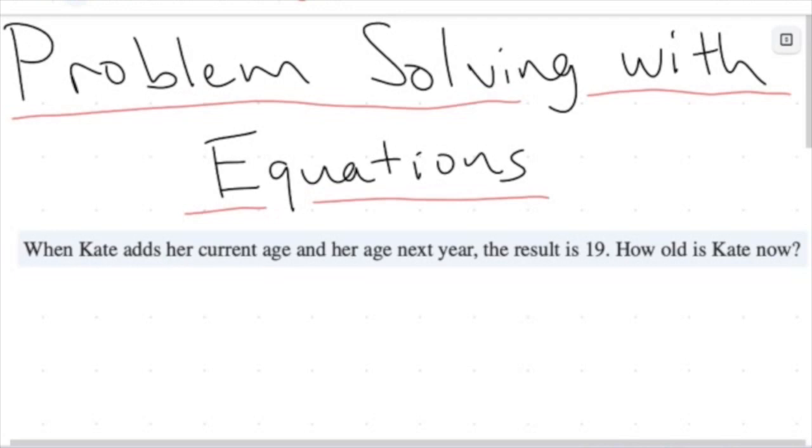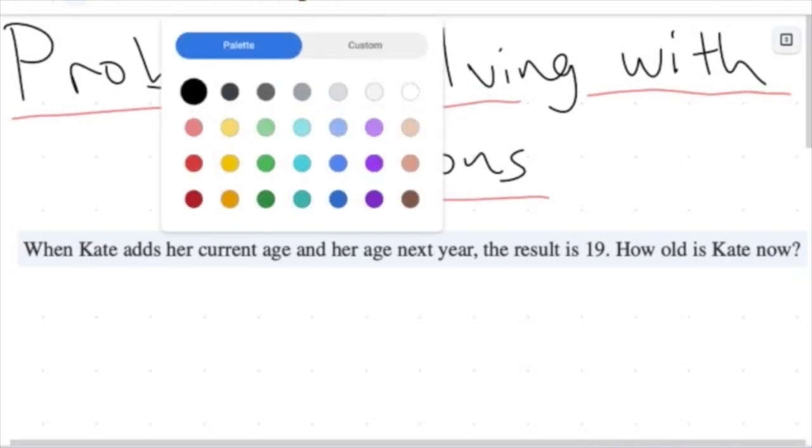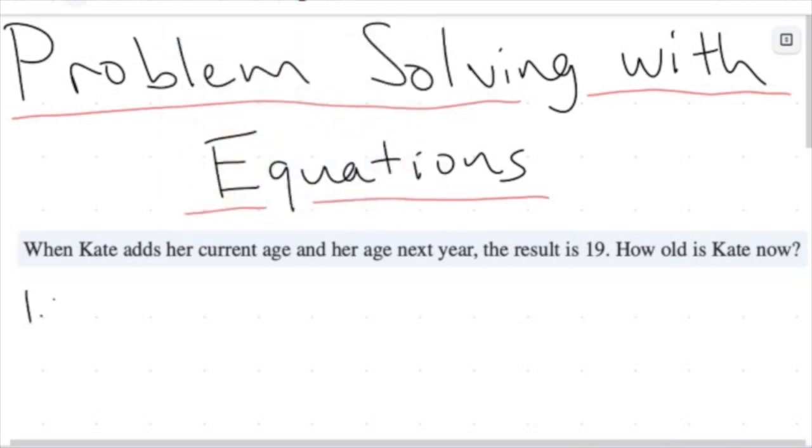So I have a question here, which is: when Kate adds her current age and her age next year, the result is 19. How old is Kate now? Okay, so I'm going to lay out some important steps we need to take when solving these types of equations. First of all, we want to underline the key information.